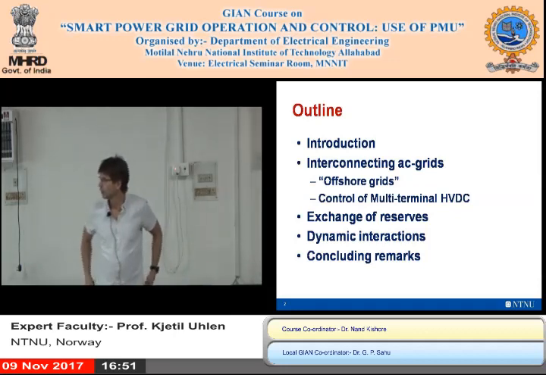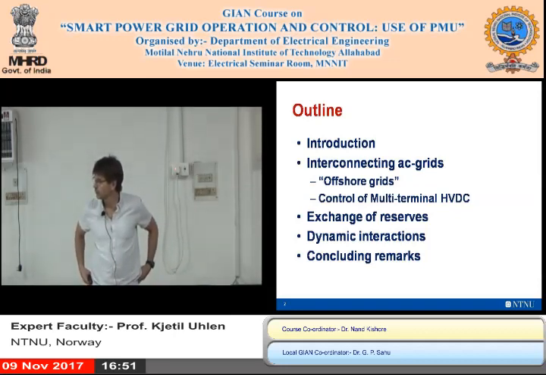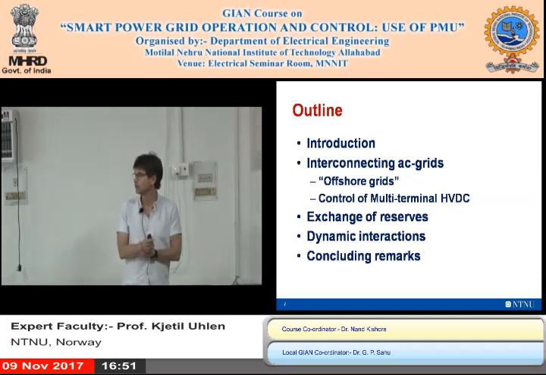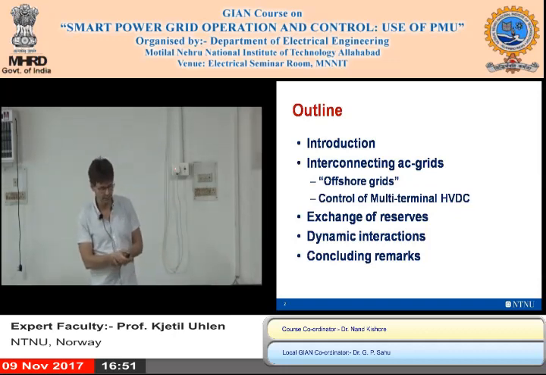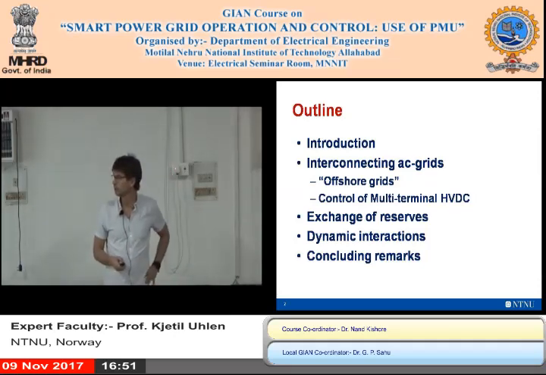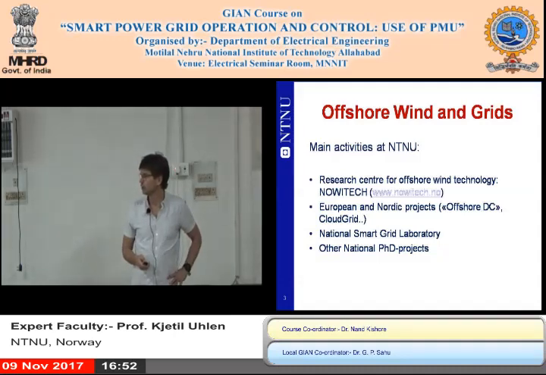That is research we have performed in several projects. First of all, in a research center for offshore wind technology, where this is particularly relevant. Also in other European and Nordic projects, activities related to our laboratory, and a national PhD project.